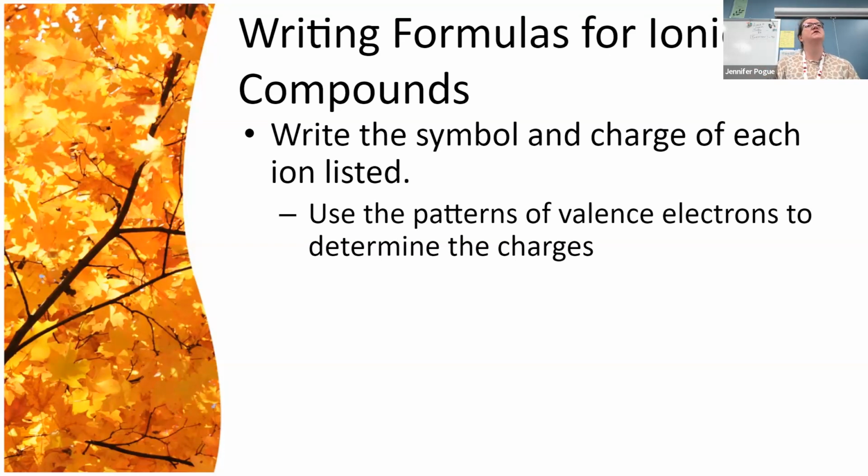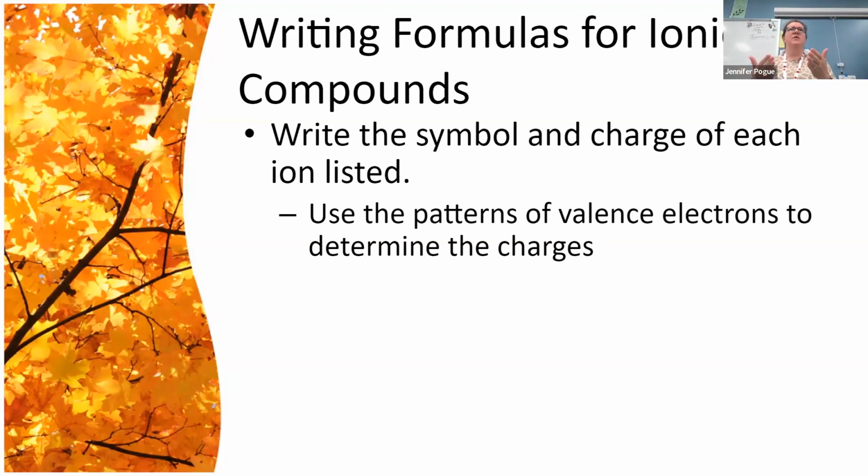So what happens for the duet? There's one element that's going to do that, and that's hydrogen. Where is hydrogen on the periodic table? Which group? It's part of group 1, alkali metal. It's not really a metal, right? Hydrogen is that one element that sometimes acts like a metal, sometimes acts like a non-metal.